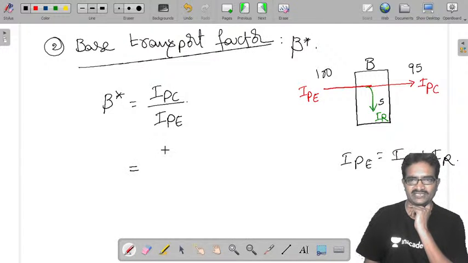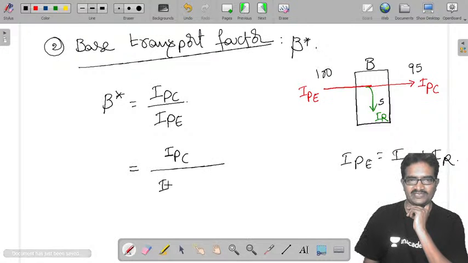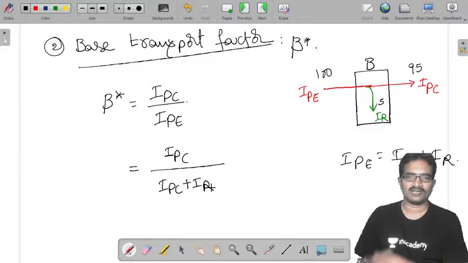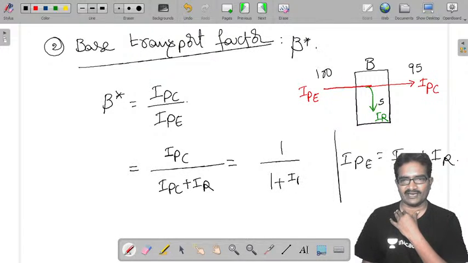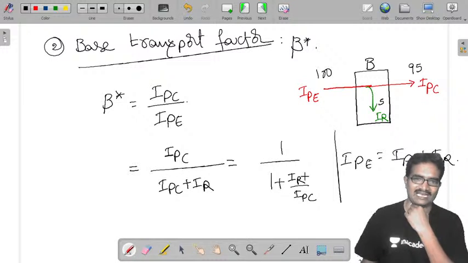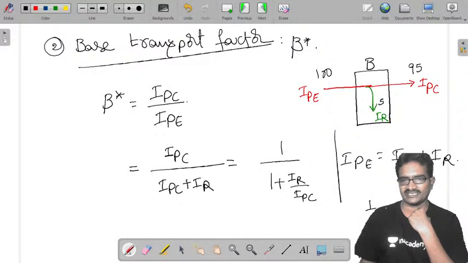Therefore it is IPC by IPC plus IR, so it is 1 by 1 plus IR by IPC. Just before, we mentioned that IR is due to 5 charge carriers, and IPC is due to 95 charge carriers. That means IPC is much greater than IR.